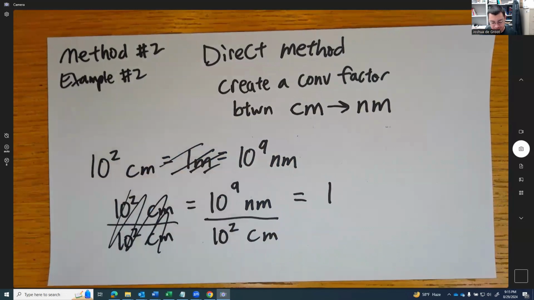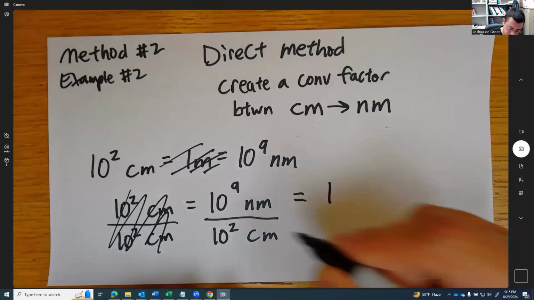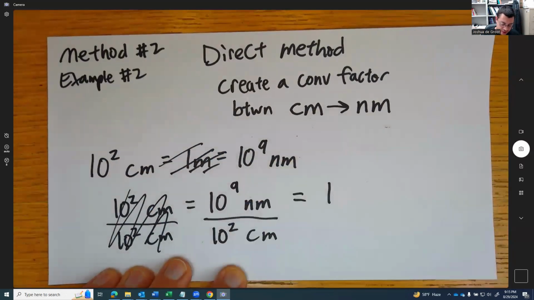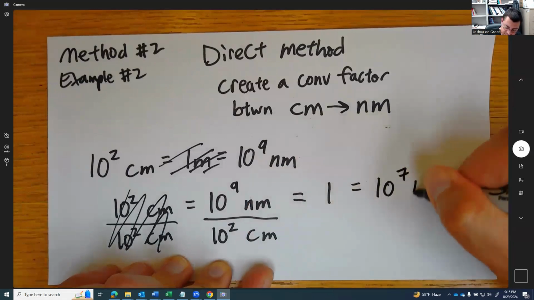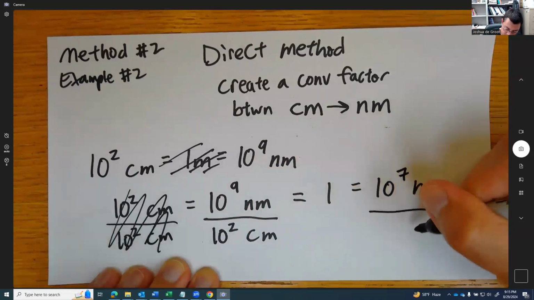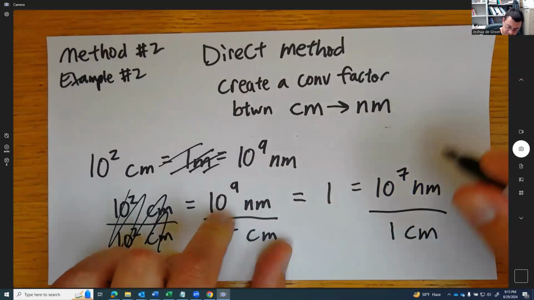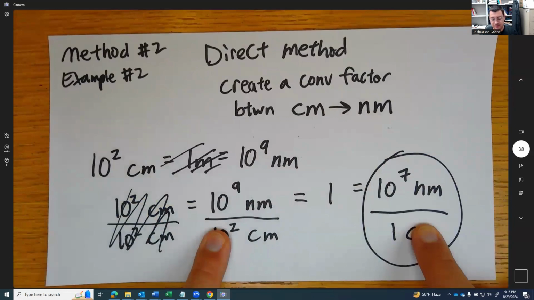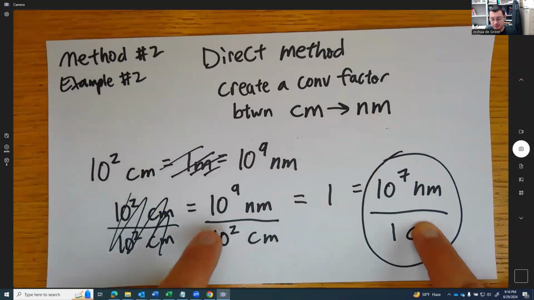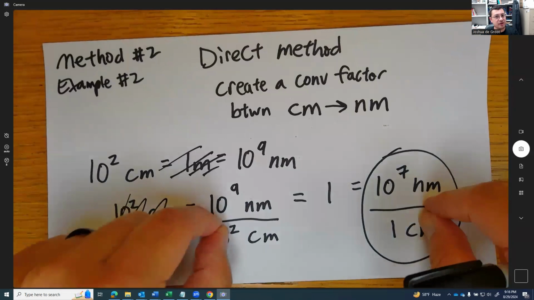You could also just say, oh, 10 to the second power goes into 10 to the 9 by removing 2 zeros. In other words, you would get 10 to the 7th power nanometers in 1 centimeter. And then you would end up with that conversion factor. Either of these actually work. Math is math. These two are the same thing. So you could put either into place.